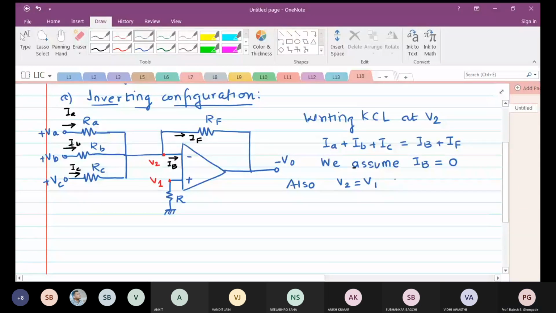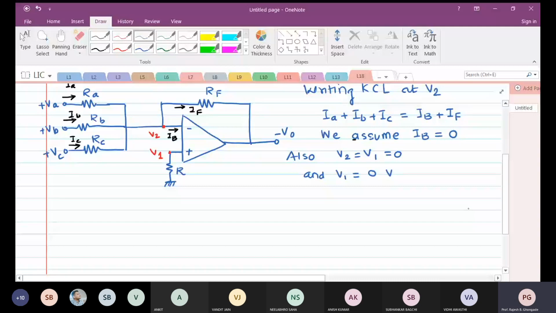And what is the value of V1 here? It is 0 volts, correct? So V2 is also going to be 0.